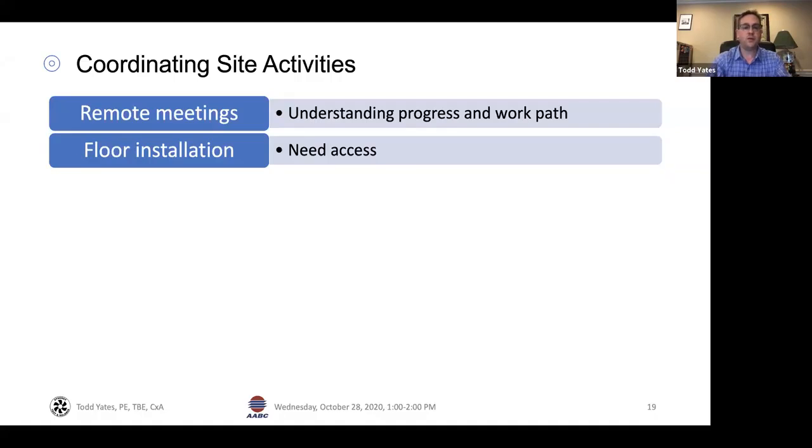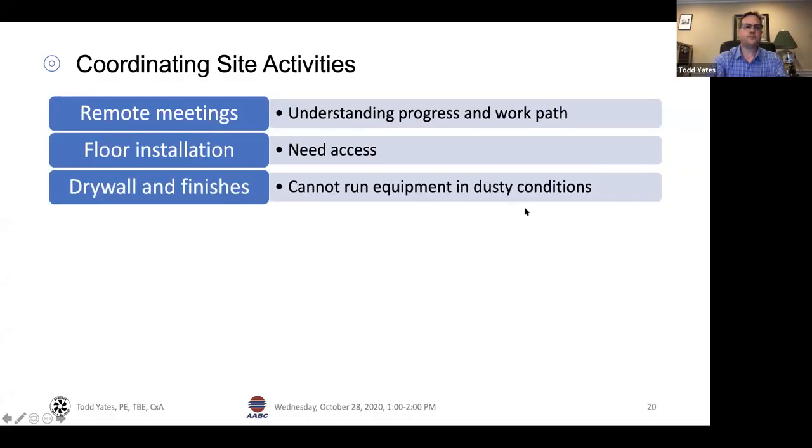There's no way to work around it. We have to have access, but we can't get access. So this is another question that we can ask early. It's information that we can gather as being part of the commissioning team, information that's unavailable to us in other formats, or if we're working as an island unto ourselves.